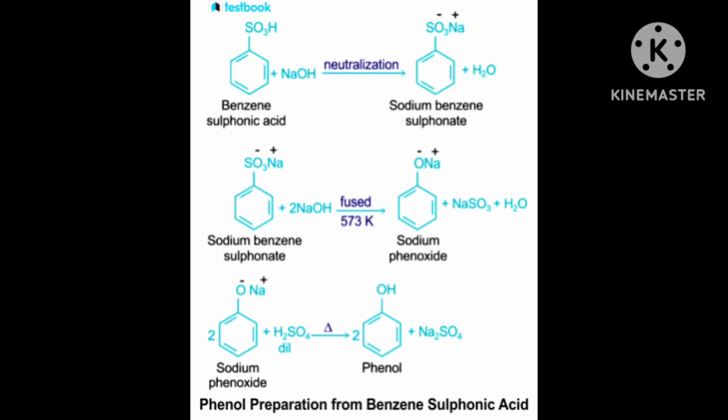Then this NO2 will attach to the NH2 of aniline. The important thing is that you have to understand how we will get N2. HNO2. Now in aniline, 2 hydrogens are there.